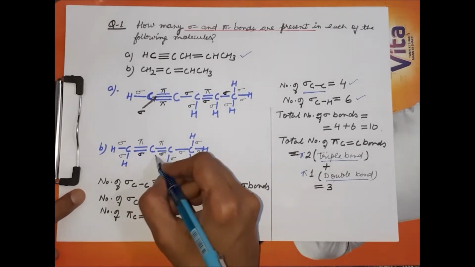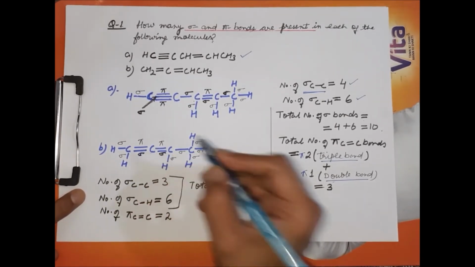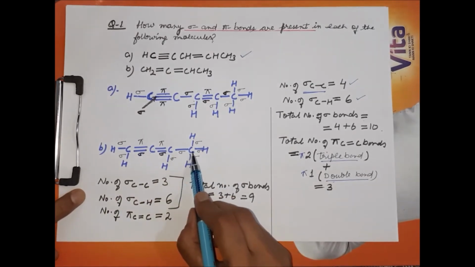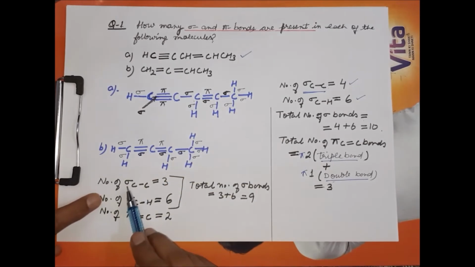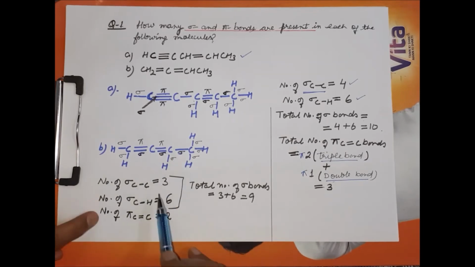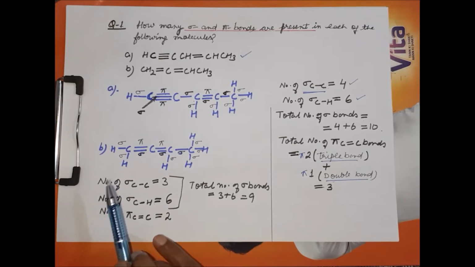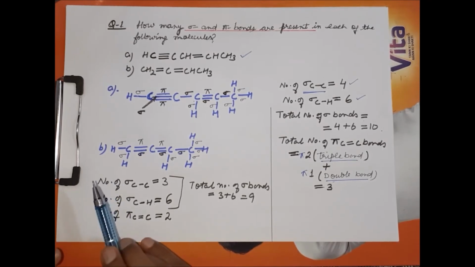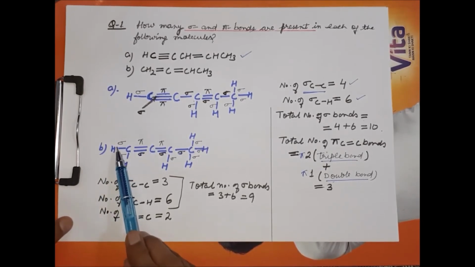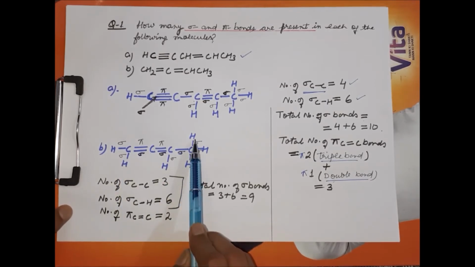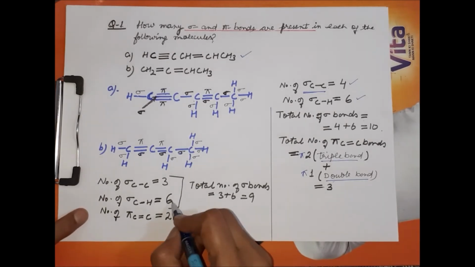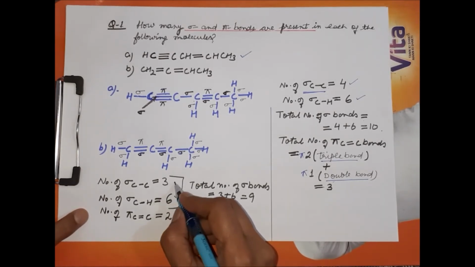Again a double bond between two carbon atoms, one will be the sigma. A single bond between two carbon atoms will be sigma only. So sigma C-C bonds are 1, 2, 3. Number of sigma C-H bonds: we know all the bonds between carbon and hydrogen are sigma bonds. So this is 1, 2, 3, 4, 5, 6. So it has 6 sigma C-H bonds.